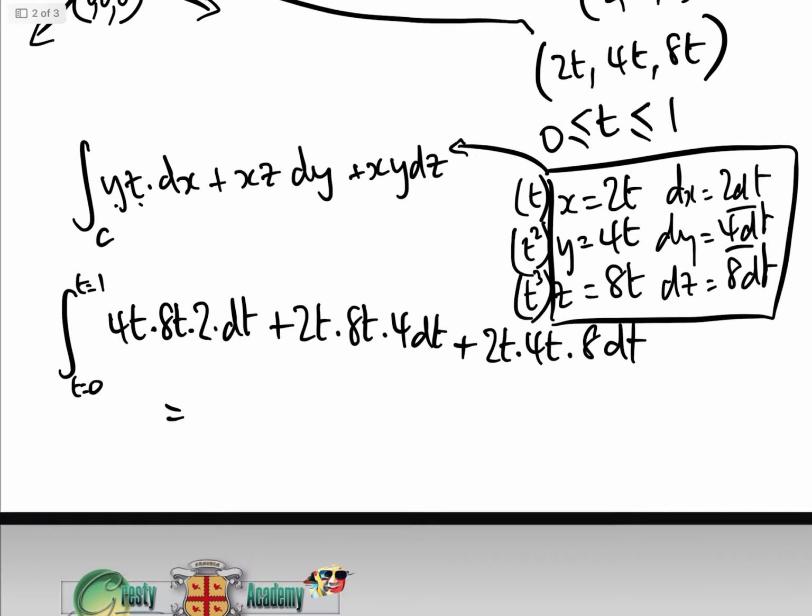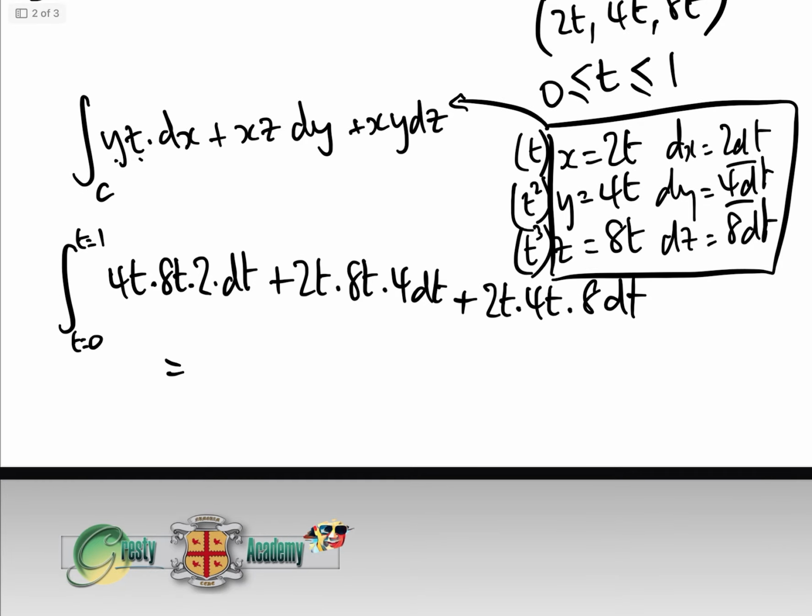Basically that equals the integral between t equals 0 and 1. And remember, this had better give us 64, otherwise we're in trouble.